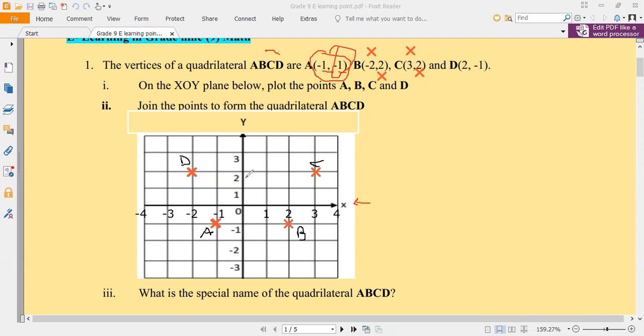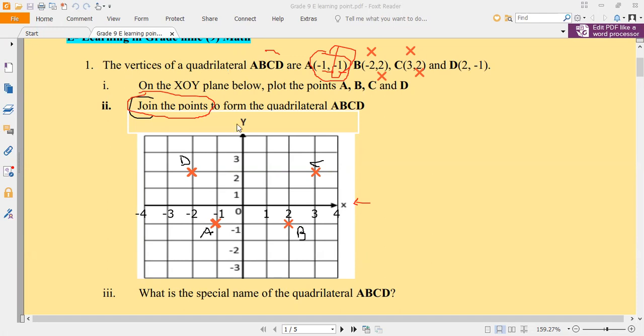Then after that, what do we do? It says join them. So we're going to join the points from A to B to C and to D.